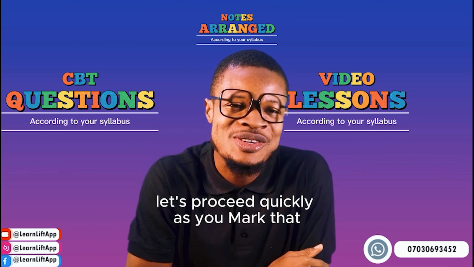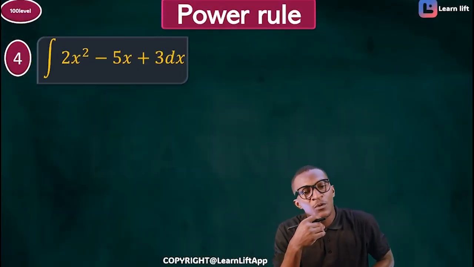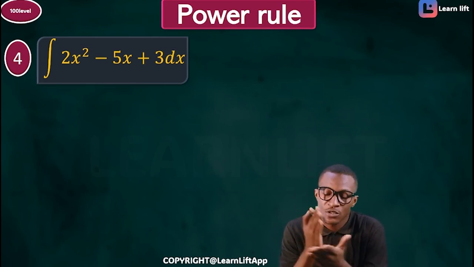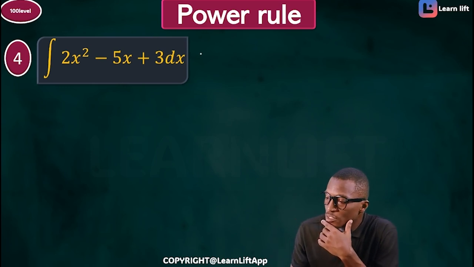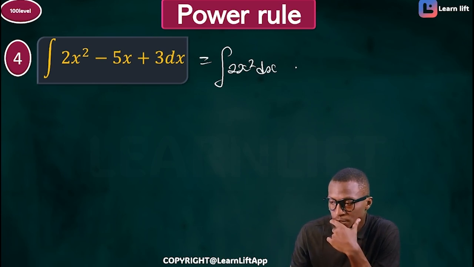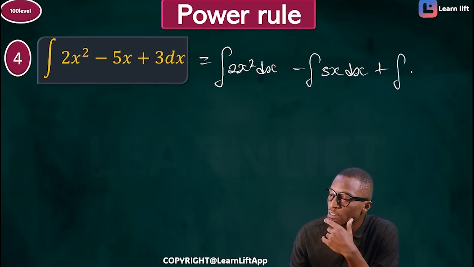Anyway, let's proceed quickly as we march down to our class and continue. Enjoy. Question 4 says that we have an integral. You can decide to use the fact that the integral of a sum is the sum of the integrals. So this is practically the same as saying the integral of 2x squared dx minus the integral of 5x dx plus the integral of 3 dx.